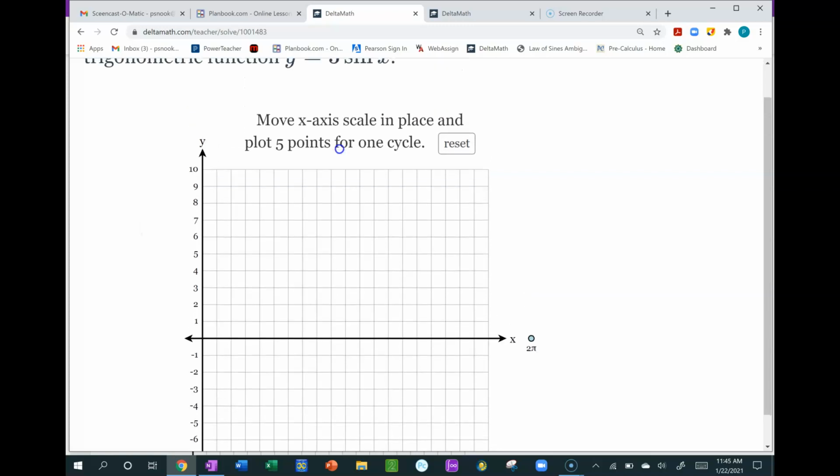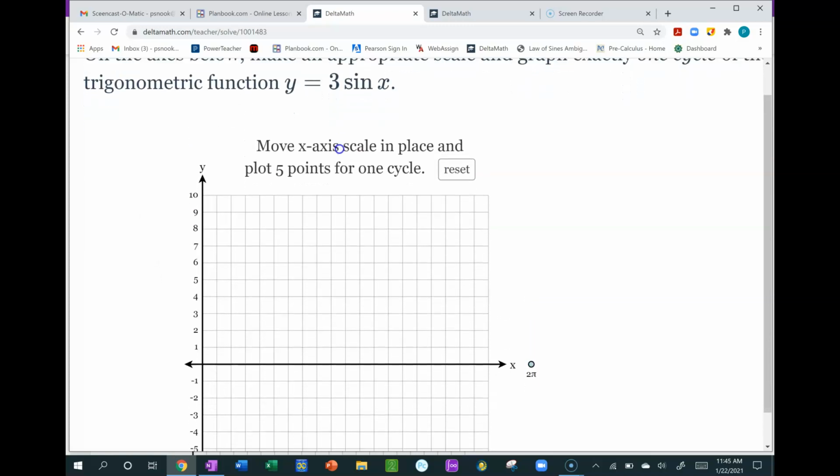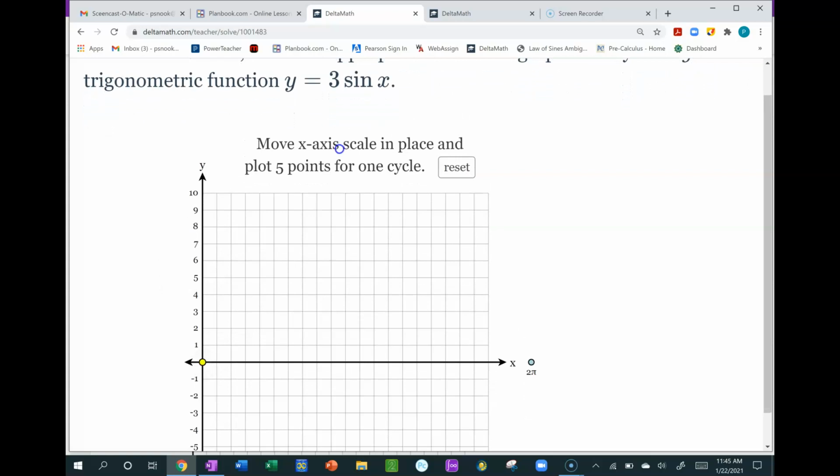My first point, we said, was at 0, so I'm going to have a point here. And then I said I would go 3 blocks, so 1, 2, 3, I get a point there, 1, 2, 3 there, 1, 2, 3 there, and then 1, 2, 3 there.